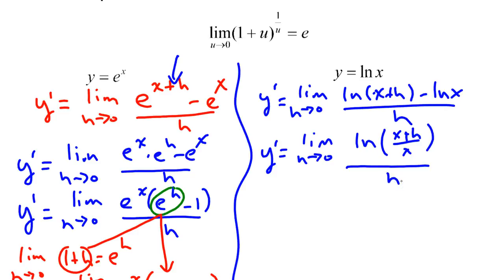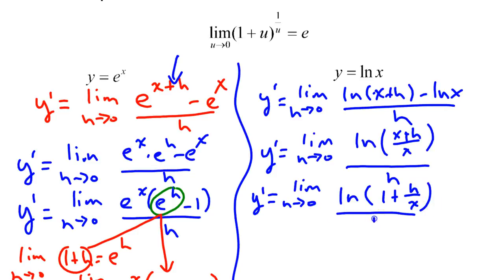Does that make sense? Okay, now from here I can say, well, gosh, that's the same thing as the limit as h approaches 0 of, well, I could separate this argument into two fractions, x over x and h over x. Well, wouldn't that just become the natural log of 1 plus h over x over h? Does everyone see how we got that?